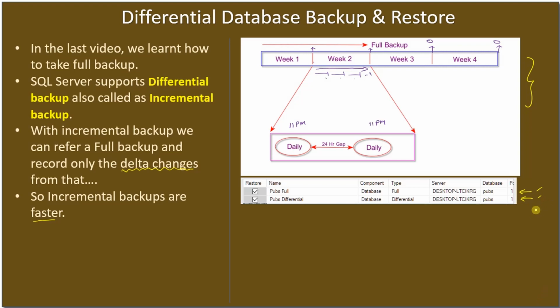You can either restore from the full backup period. Let's state that this is the time frame where you decide that there is some problem in the database, and from here you are looking for the restore option. When you are looking for the restore option, you can either pick the incremental backup and restore from this point. So this is the data loss period. But if you go to the full backup period, there will be a longer data loss period.